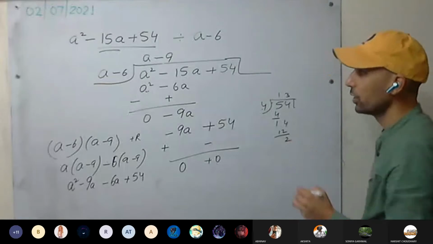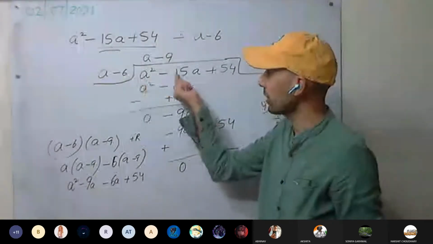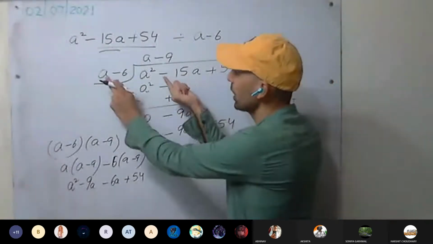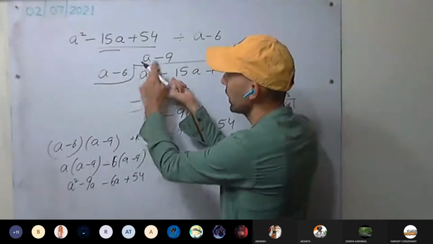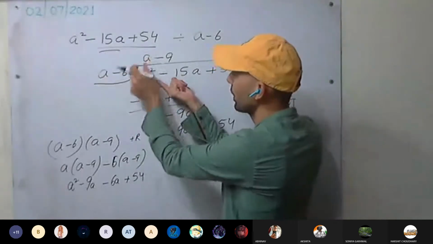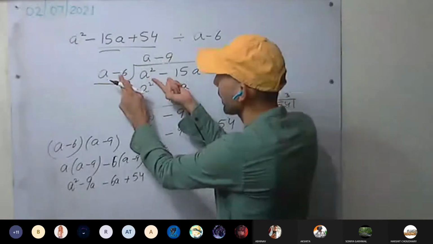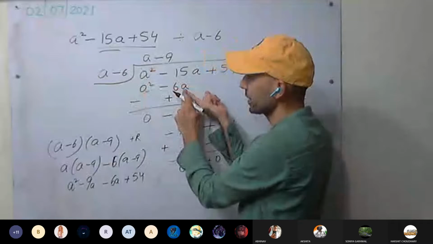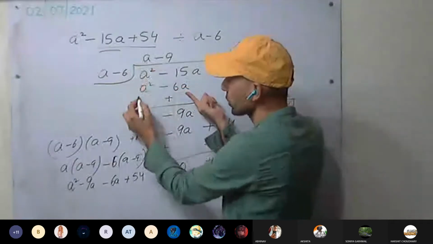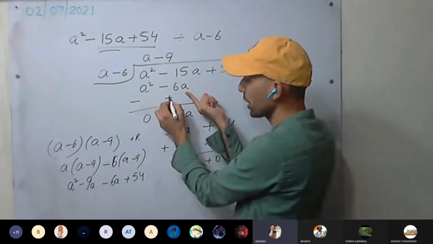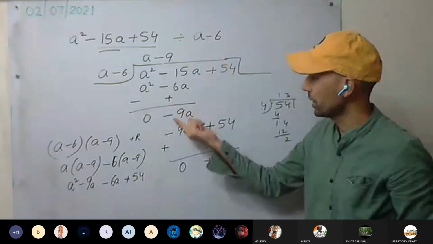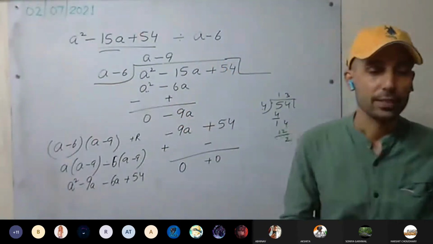Like this. So in the same way we are dividing a minus 6 into this one. So a into a is a square. Now this whole multiplies with a into a square, minus 6 into a, minus 6a. Now subtract them. So minus, minus will become plus. Subtract them. This is clear.